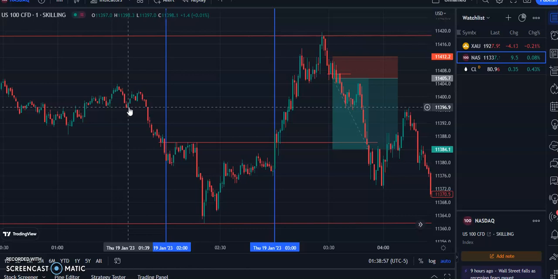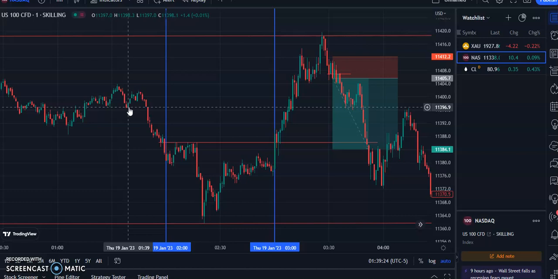Now, when the spread or when the volatility of the market is high, you can still increase your stop loss, but you have now to reduce your lot size to match the risk. You will still risk $300, but the stop loss is bigger.